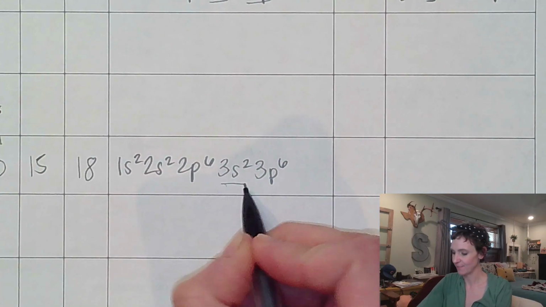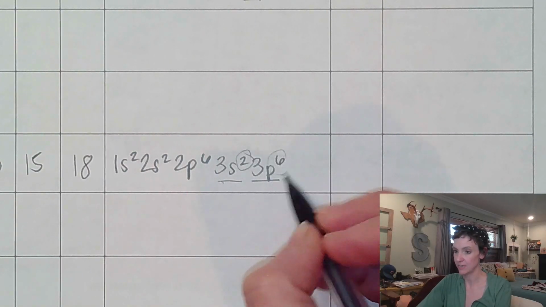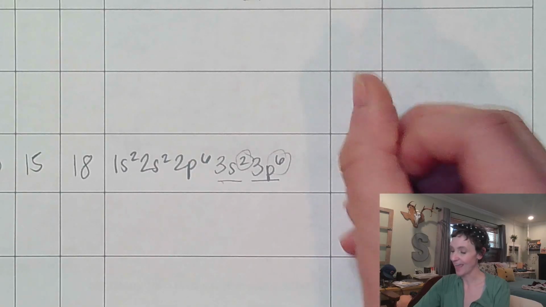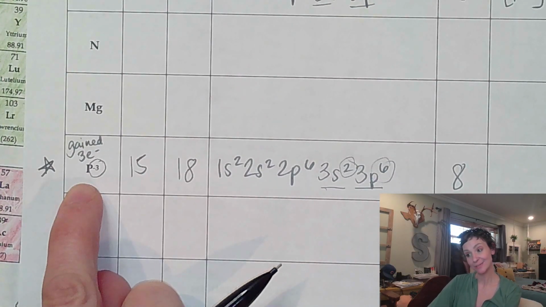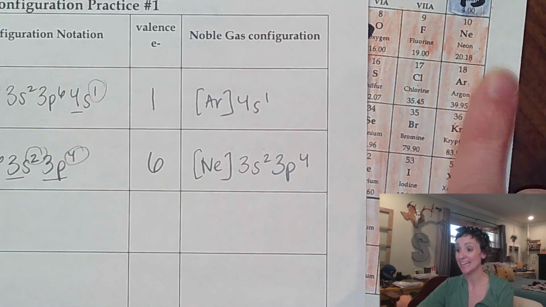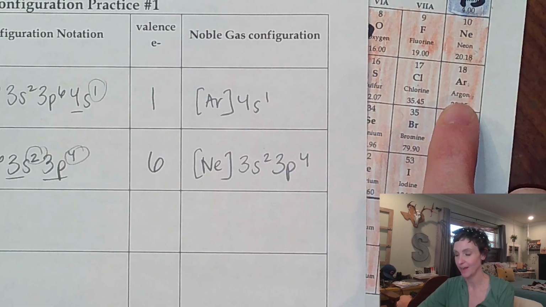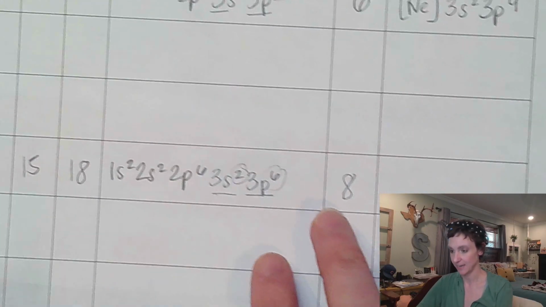And as a result of that, when I'm counting up valence electrons, my outermost energy level is the 3rd. I have 8. We're getting that 8 that we love to get because he has gained 3 electrons. So we would also say that he is isoelectronic with argon. They are different elements and ions of each other, but they both have 18 electrons in this case.